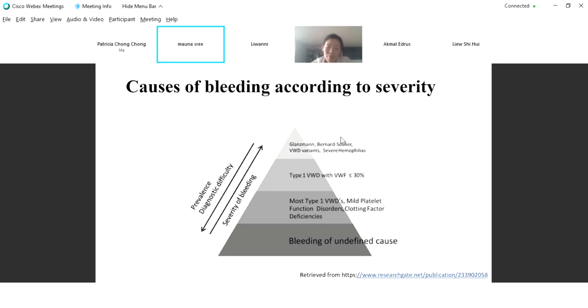In descending order, bleeding of undefined cause, at the bottom of the list, is more difficult to diagnose. So what we can see from this diagram is that the most severe form of bleeding will usually be diagnosed easily.